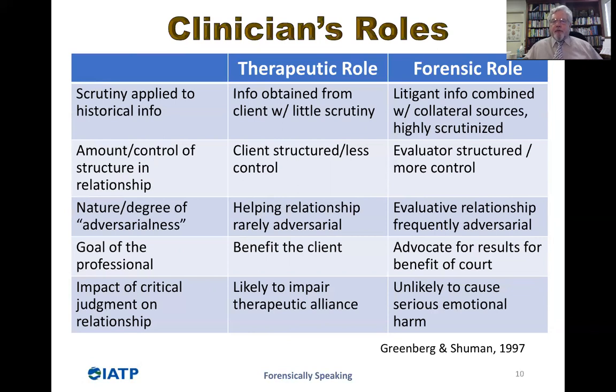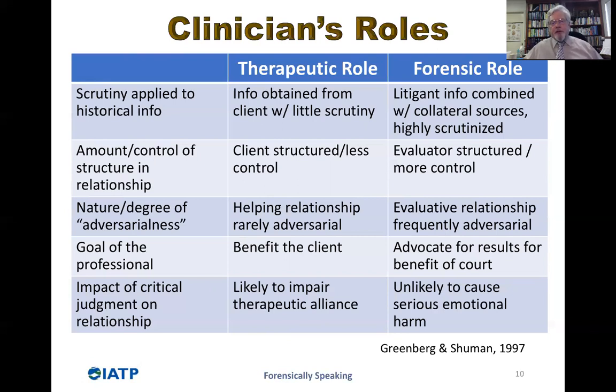And therefore, as a clinician, it's very much centered around the client. However, in a forensic setting, the evaluator is the one that really structures it, and there is a lot of control. It is dictated by how much information you need and where you go to get that information, and doing whatever you need in your tools and resources to get it.